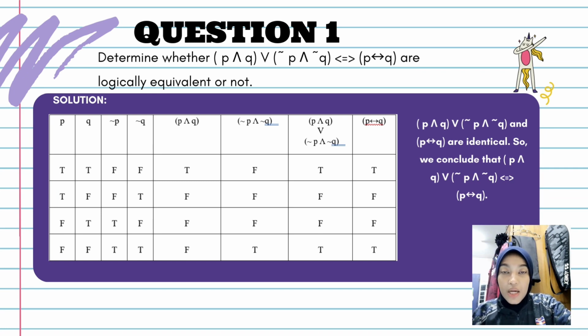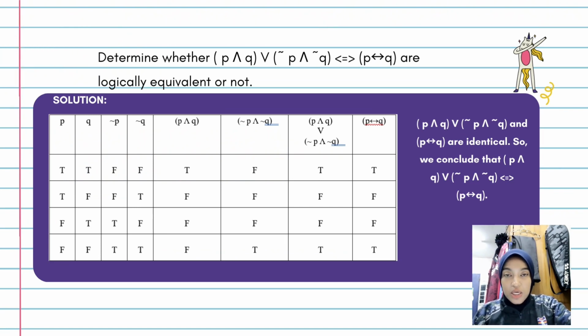For P and Q or not P and not Q: true, false, false, true. And for P biconditional Q: true, false, false, true. Since the truth values for P and Q or not P and not Q, and P biconditional Q are identical, we can conclude that they are logically equivalent.